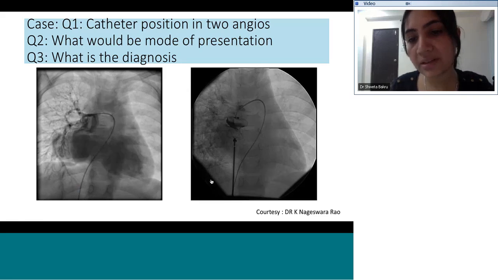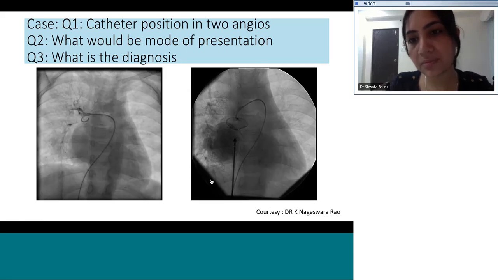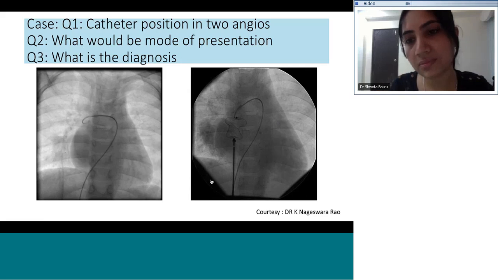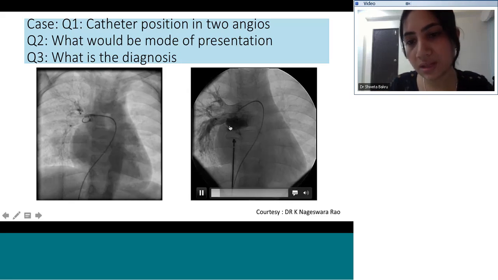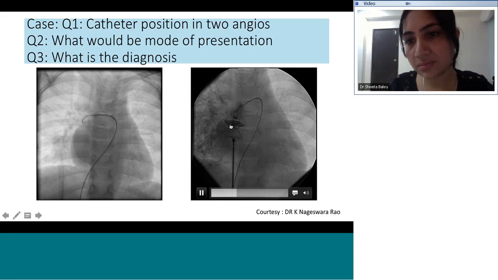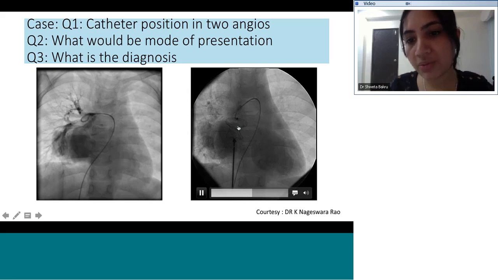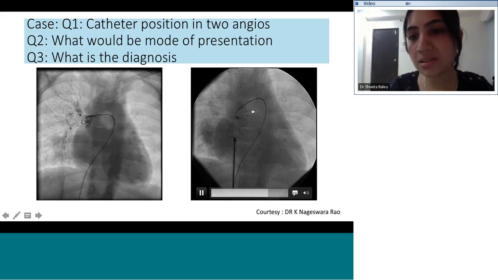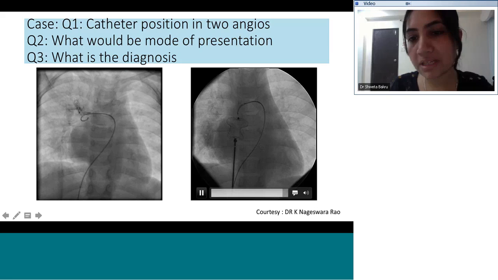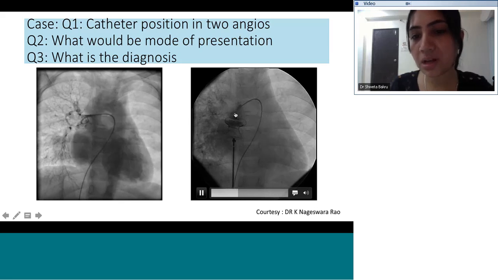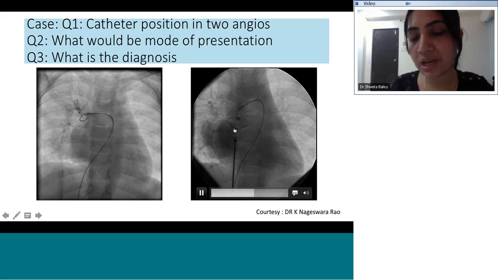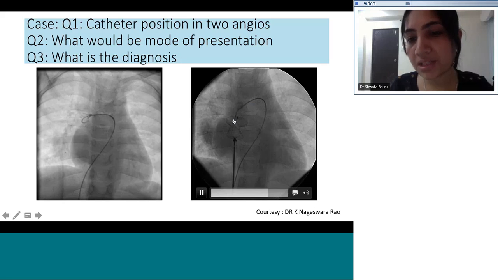What has happened here? So actually, please follow it like a puzzle. The contrast injection has been given into the right pulmonary artery, and there is a device.